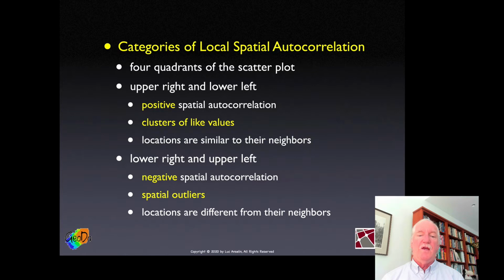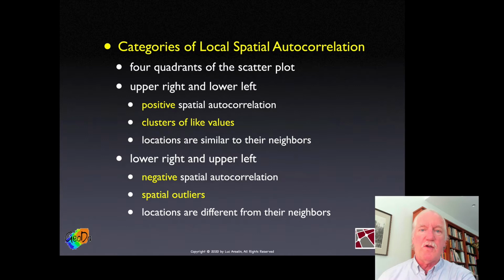Then the other 2 quadrants show the opposite. They show that the values at a location are very different from their neighbors. So you have relatively high values surrounded by neighbors, or more precisely, the average of the neighbors that is lower, or the other way around, which I call a spatial outlier, and which is evidence of negative spatial autocorrelation.